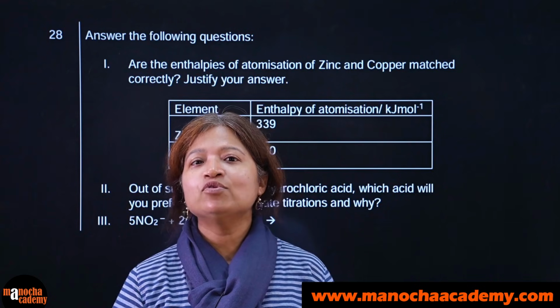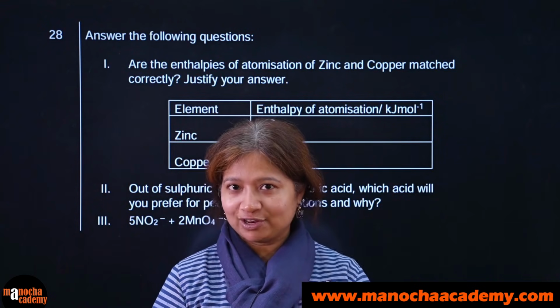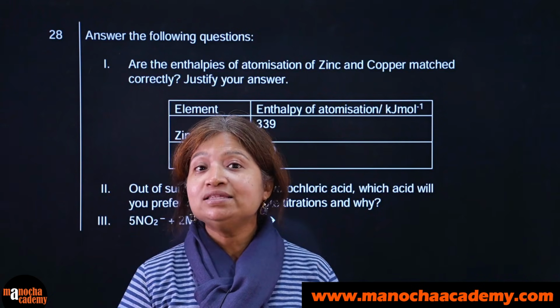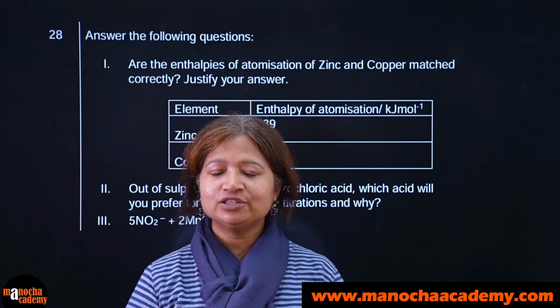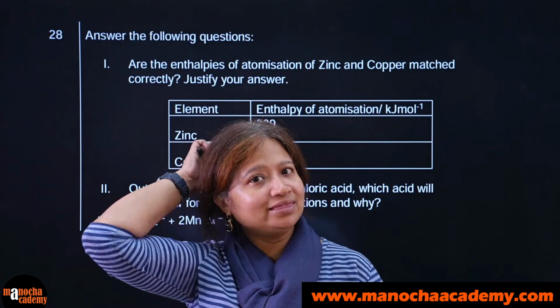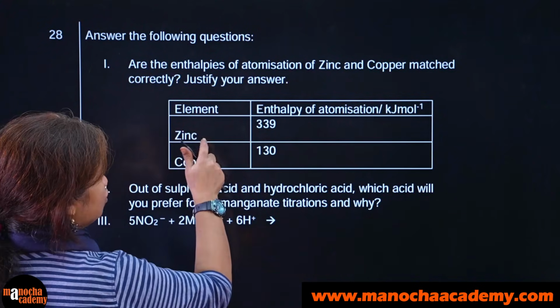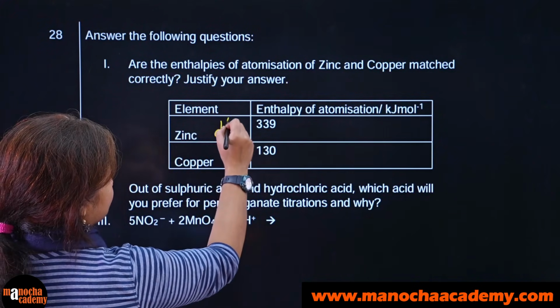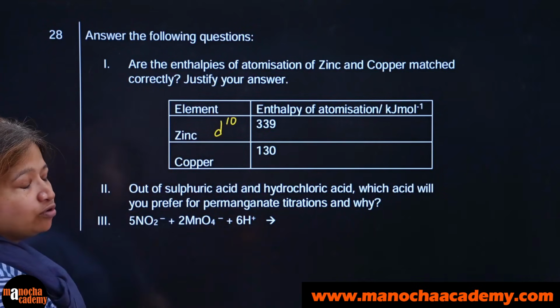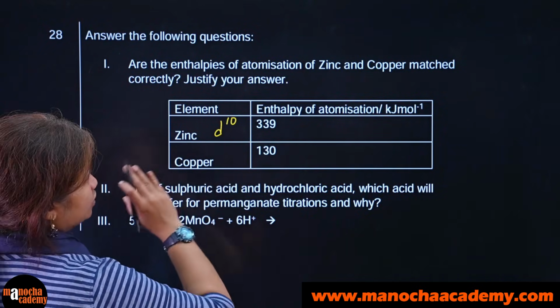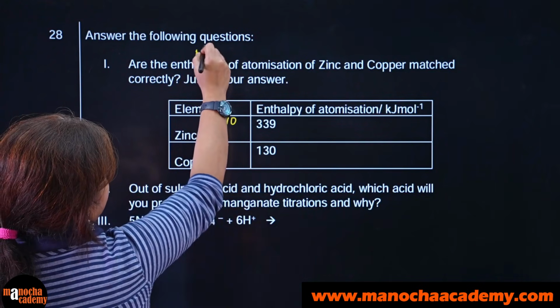The more the number of unpaired d electrons, the stronger the interatomic bond, and so greater is the enthalpy of atomization. For zinc we know it's d10, so no unpaired electron is present. We also know that enthalpy of atomization is minimum for zinc. But here it's reversed. So the answer is obviously no.